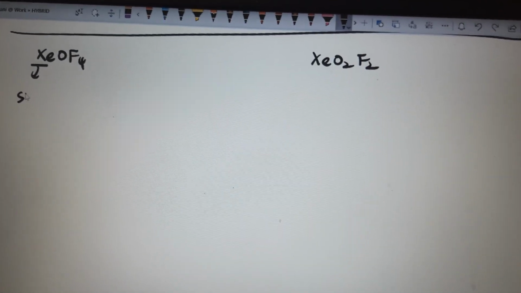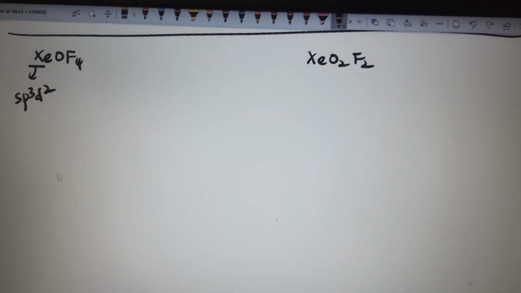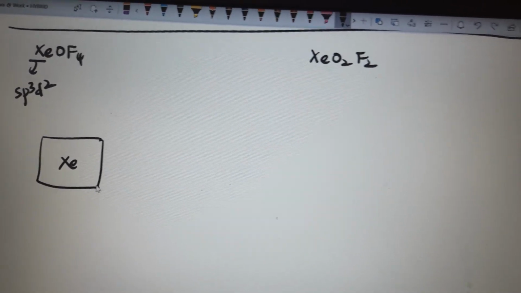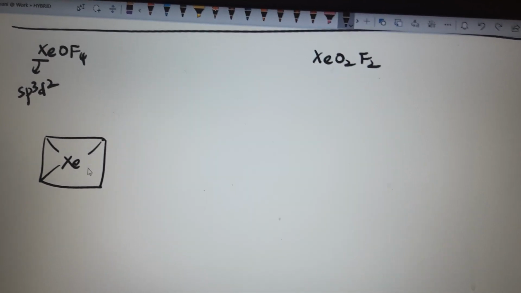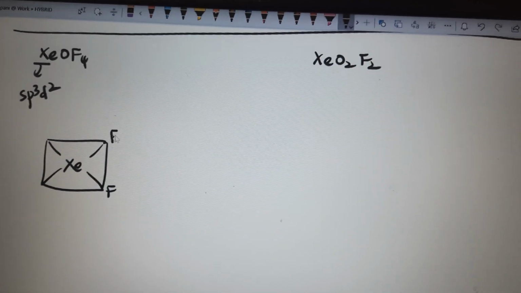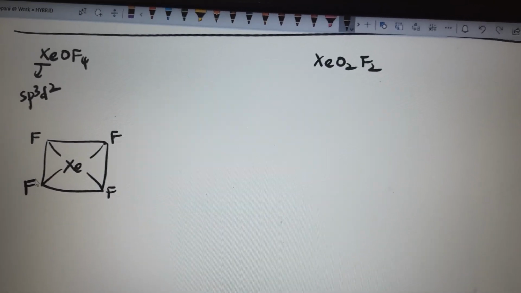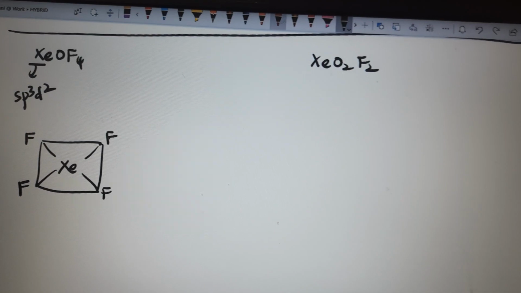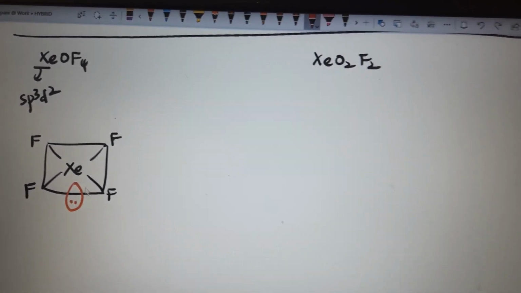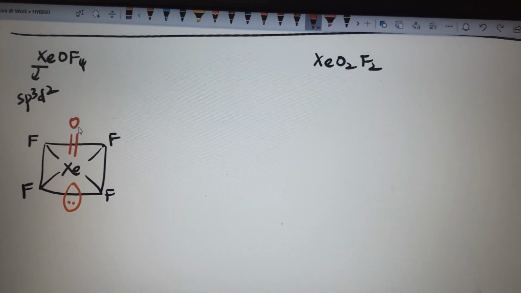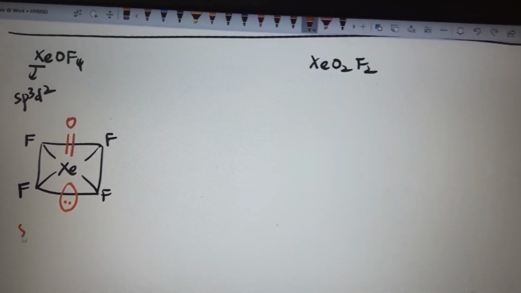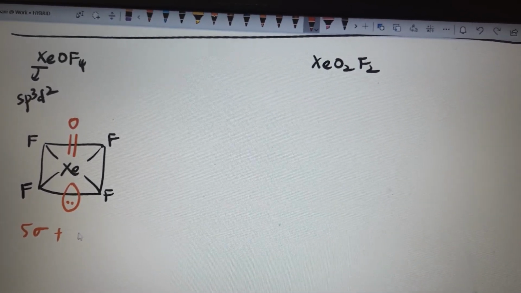In XeOF4, xenon is sp3d2 hybridized. Fluorines are in square planar positions, with the lone pair and double bond axial. 1, 2, 3, 4, 5 sigma and 1 pi.